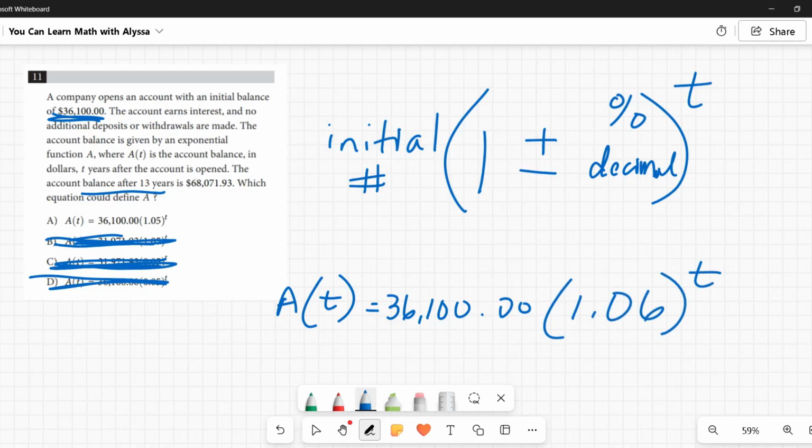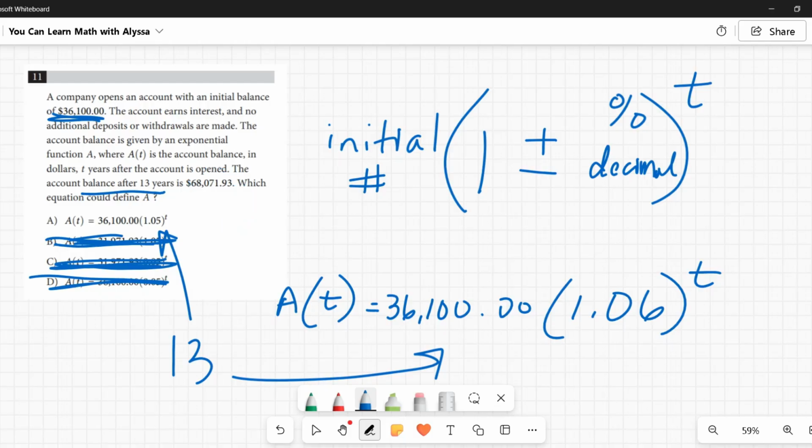And then it's questioning, okay, was this a 5% increase or a 6% increase? We would need to plug in 13 for t into both of these equations and see which one gets me to 68,000. That is a possible scenario, so be aware of that.